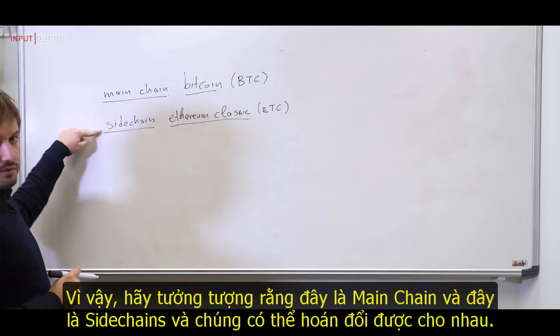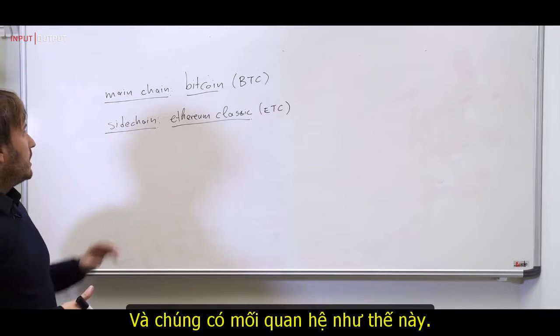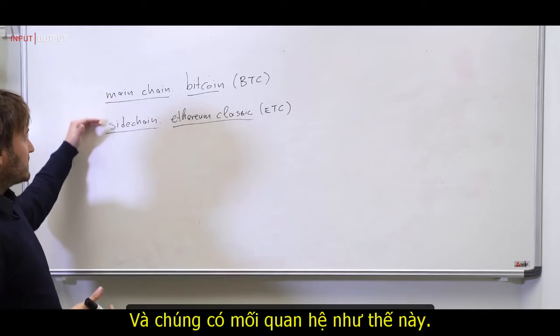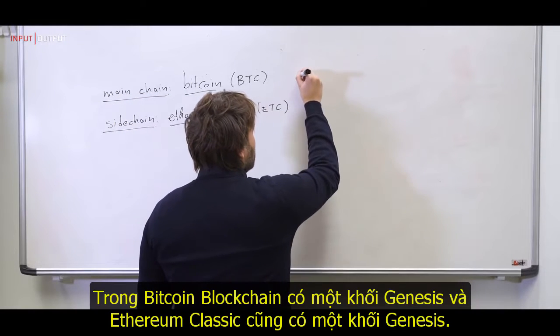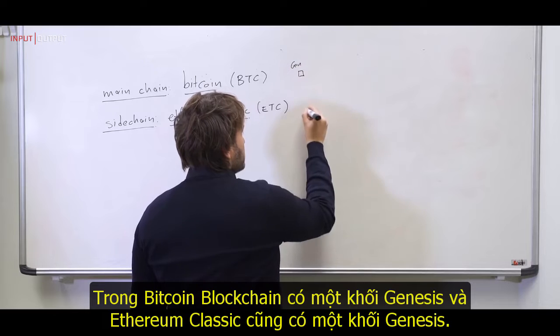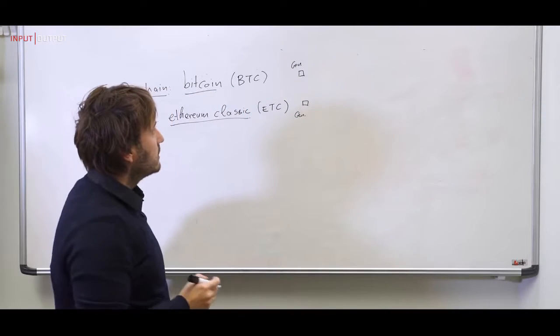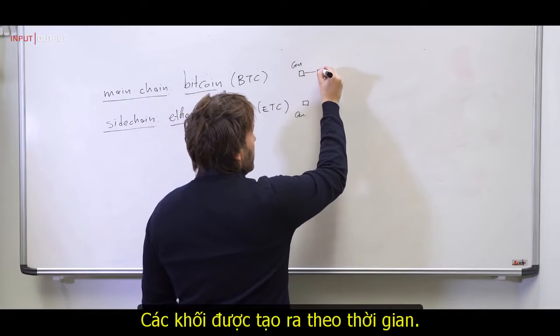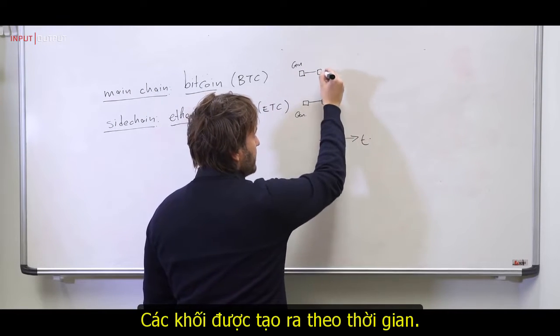Whether this is the main chain or this is the side chain can be swapped around, but for now let's imagine that they have this kind of relationship. Now, in the Bitcoin blockchain, we have a Genesis block, and in Ethereum Classic, we also have a Genesis block. And time goes by, and blocks are created.